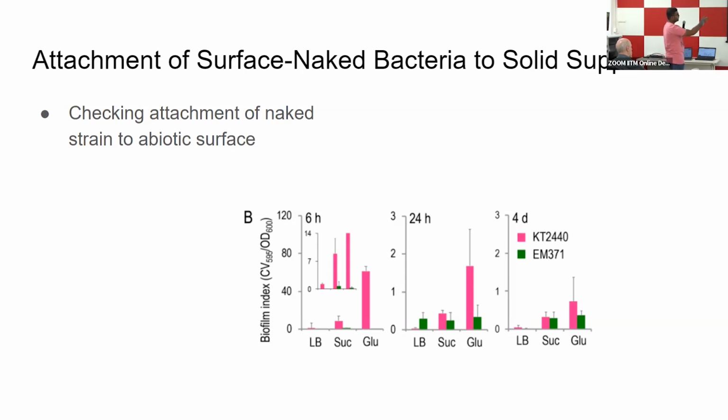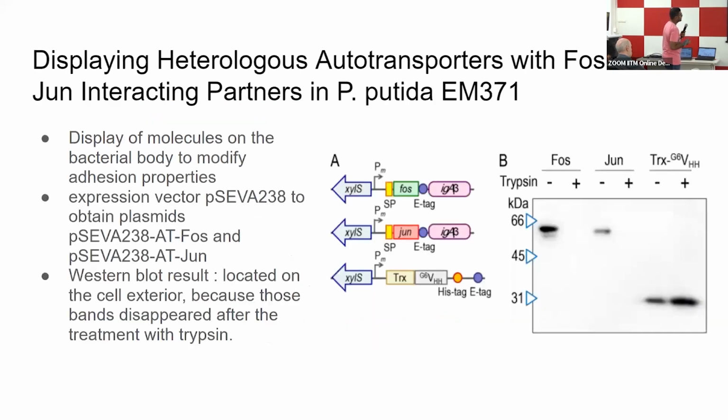So here again, two strains are compared, and we can see that the biofilm formation capabilities as compared to the growth medium are more for the parental strain here also as compared to the modified strain, with respect to growth or even for time interval. The parental strain is showing more biofilm forming capabilities.